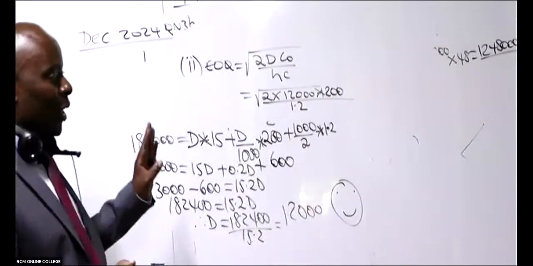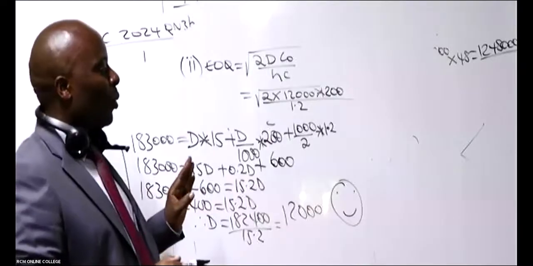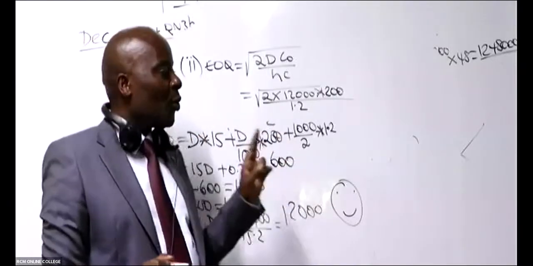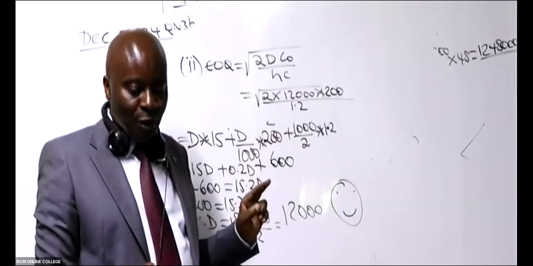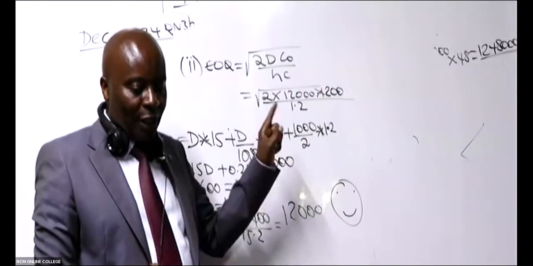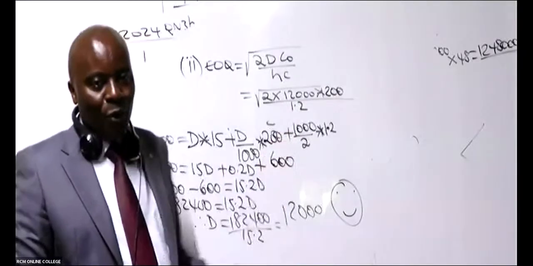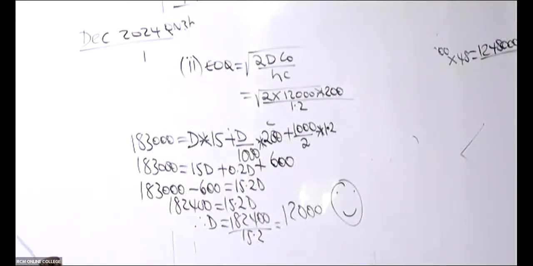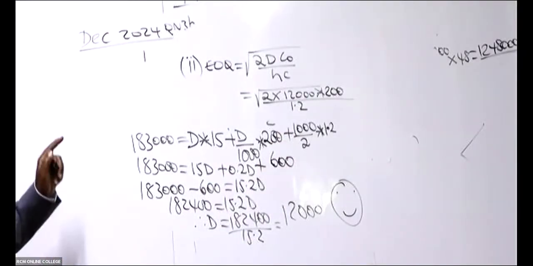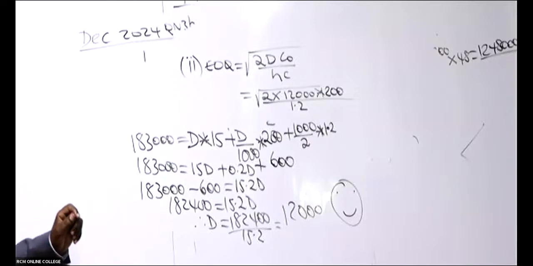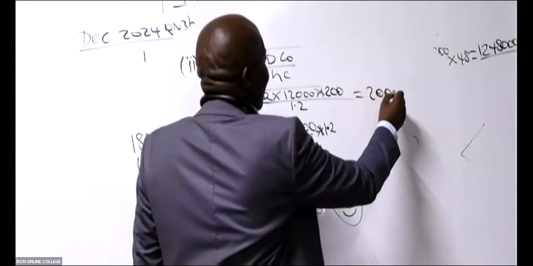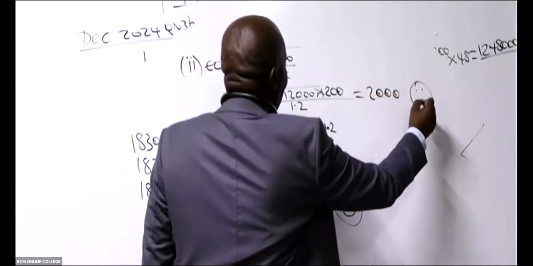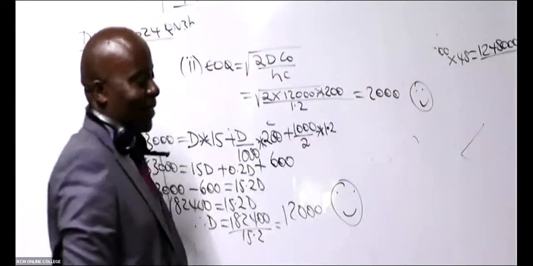First we forget the square root: 2 times 12,000 times 200, and whatever we get, we divide by 1.2. At the end we take the square root. That gives 4 million, and the square root gives us 2,000. Great. So far, we are all smiles.